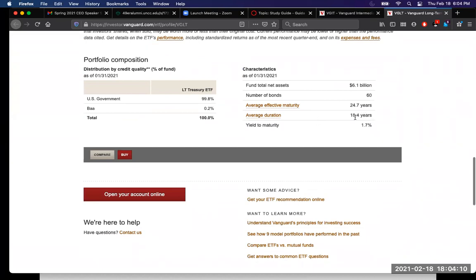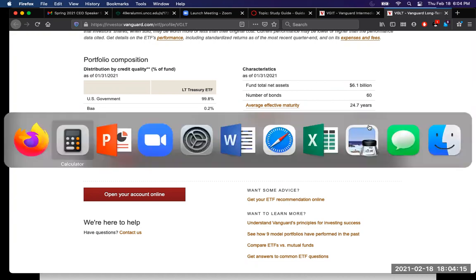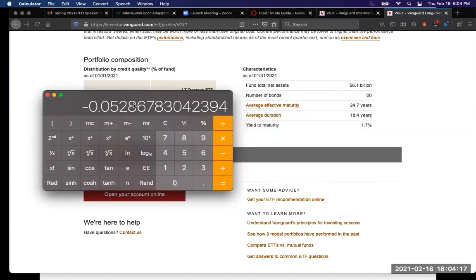Average duration, 18.4 years, 1.7%. So that other VGIT, which was a 5.3 year average duration, turns out to be a 5.29% modified duration. So every percentage point change in yield is a 5.29% change in price.